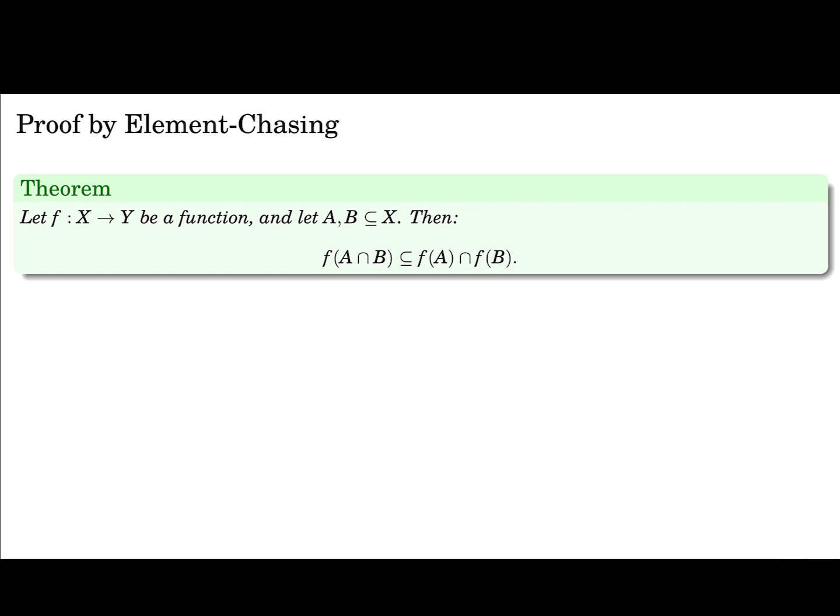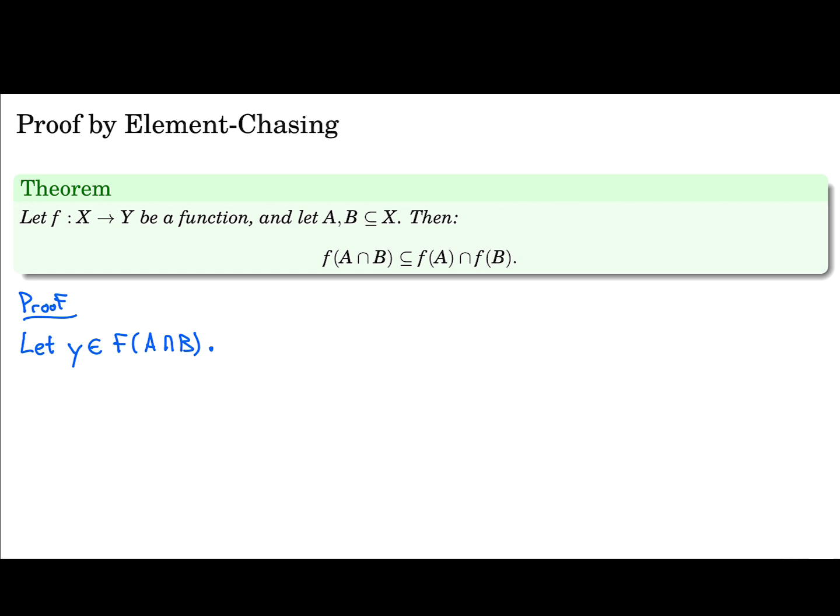So let's do this. Proof. Let y belong to f of A intersection B. This is where we start, and our goal is to then show that y belongs to f of A intersection with f of B. So let's start opening up what this means.